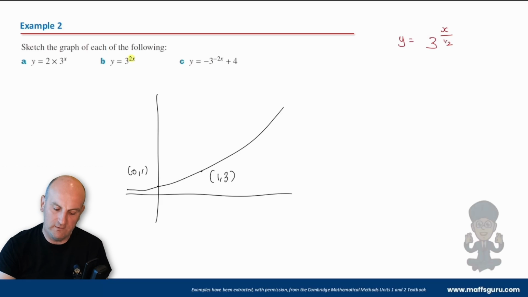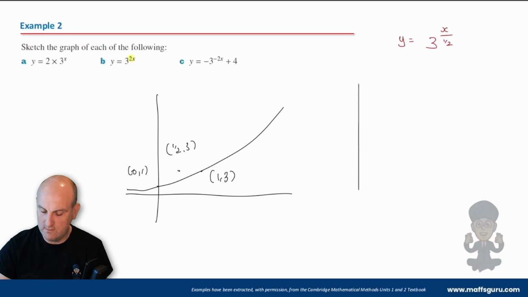So all of my x values I'm going to multiply by a half. 0 times a half stays at 0, so the good news is that point stays there. 1 times a half means that basically is going to be a half in. So it's going to be a half, 3. And lo and behold, I'm pretty sure I have all of the information I need. So if I was going to draw this now, I'd be drawing my straight lines in pencil.